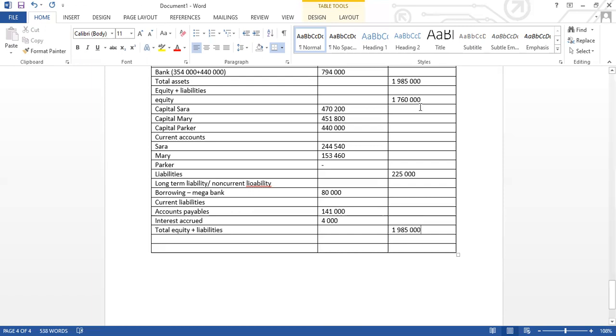And looking at this, our total assets equal our equity plus liabilities. Therefore, our statement is correct. Any questions?